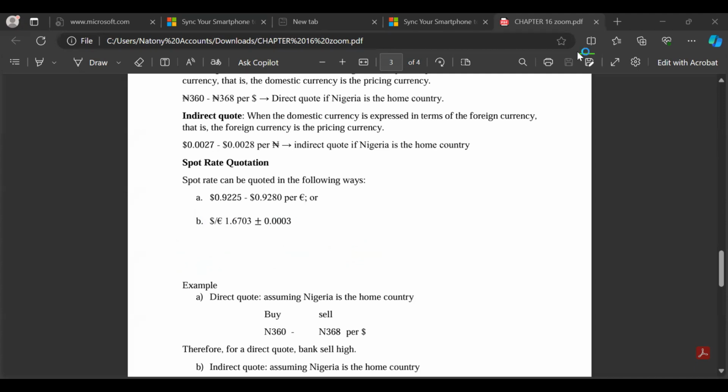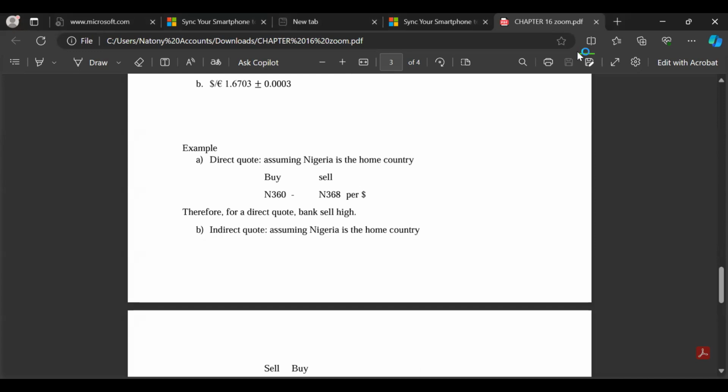For a direct quote, it is different from an indirect quote. When the quotation is direct, in this question I'm assuming that Nigeria is the home country: 360 naira to 368 naira per the dollar.